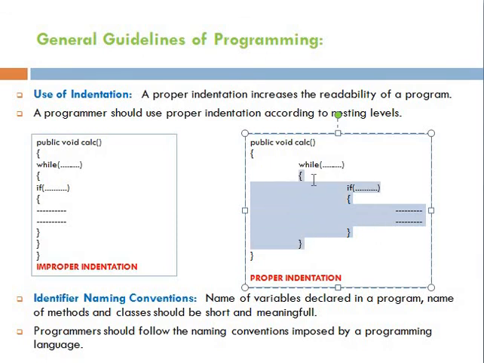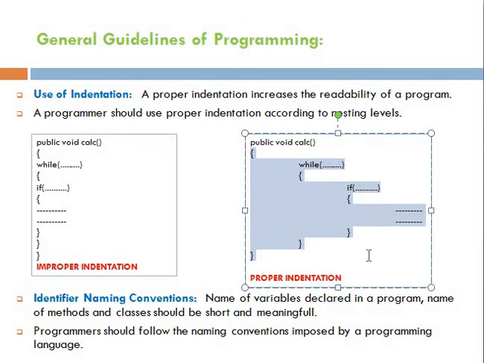This is the nesting level of the while loop, which is also properly indented. Now if you look at this piece of code, there is proper gapping between the nesting level of the main method, which is the void calc method, and then the nesting level of the while loop and the if statement.